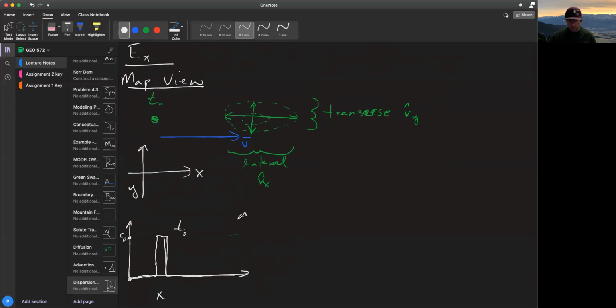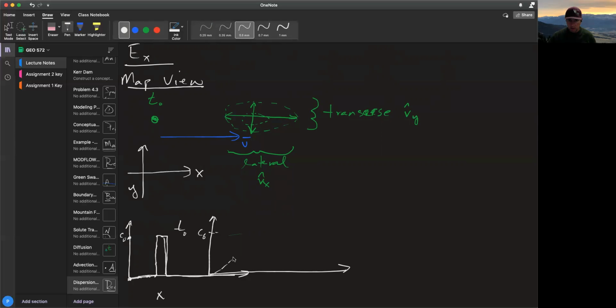If I drew this same profile curve, we would see at some other time, and here's again my x, and here is C naught, all right? So now I'm drawing this one a little farther down in x.